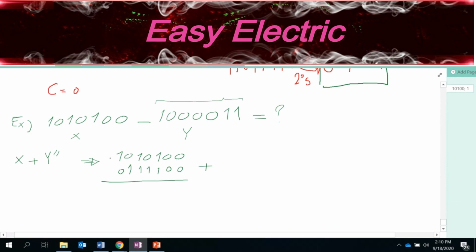I just keep the x and take the one's complement of the second one. So this is the number that I got. Then I add just these two numbers. 0 plus 0 is 0, 0 plus 0 is 0, 1 plus 1 is 2, 2 minus 2 is 0, you have a 1. 1 plus 1 is 2, you have 0 here, and a carry.